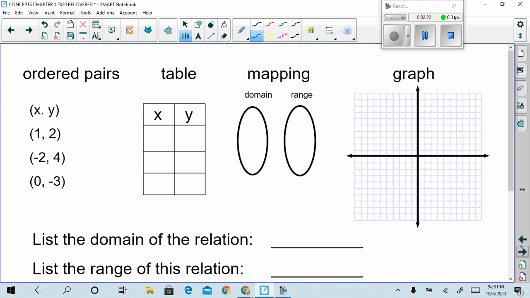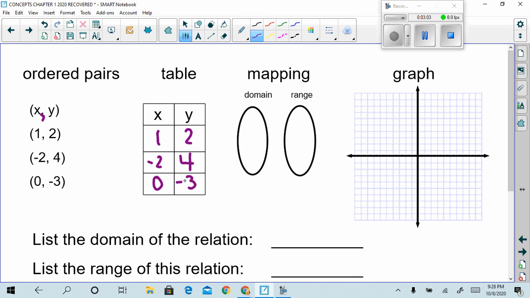In this activity, we're going to be looking at representing relations as ordered pairs, in a table, in mapping, and in a graph. In tonight's assignment, you're going to see that they're asking you to do all of these methods of representation. They're most likely going to give you the ordered pairs. Here I've put them as X's and Y's: input of 1, output of 2, input of -2, output of 4, and 0 to -3.